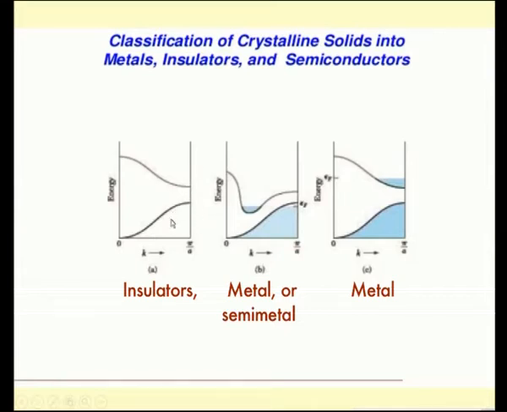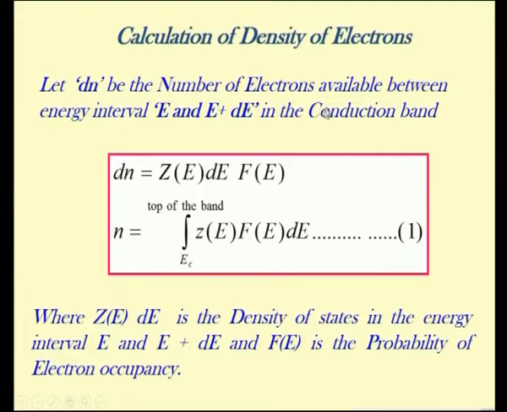So, both the bands should be considered, and the energy gap here for semiconductors is of the order of thermal energy. In such a case, the density of electrons can be calculated or derived using a formulation like this.